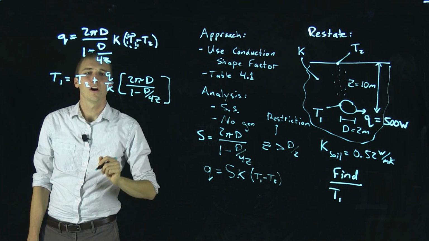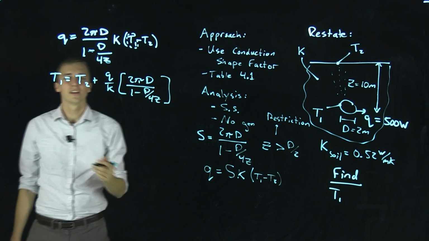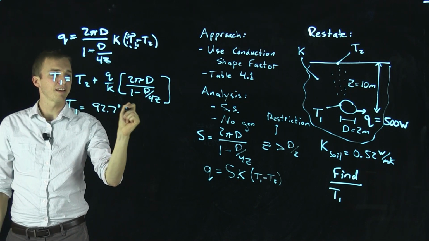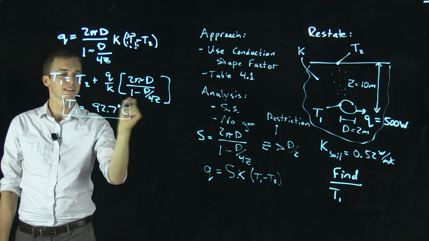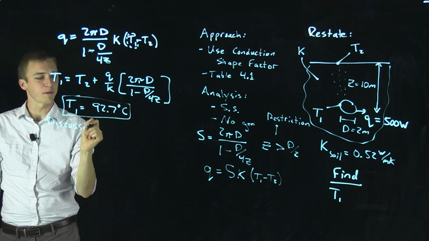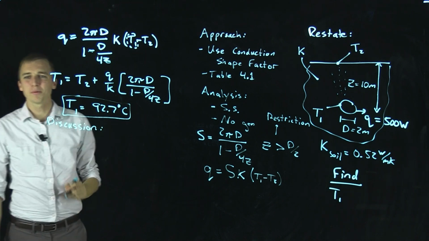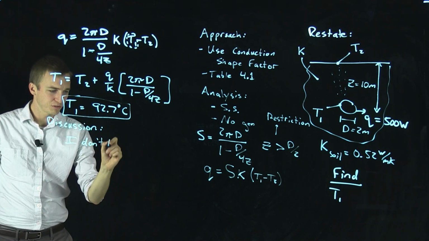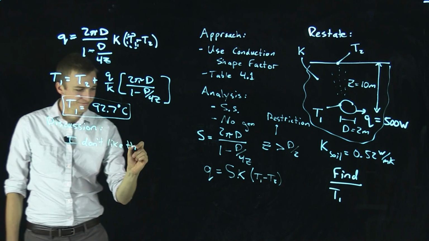Okay, all we have to do is plug in values, and we end up with a T1 of 92.7 degrees Celsius. Now, I've been neglecting to add discussion, so I'm going to do that now. And my point of discussion here is, I don't like this problem.